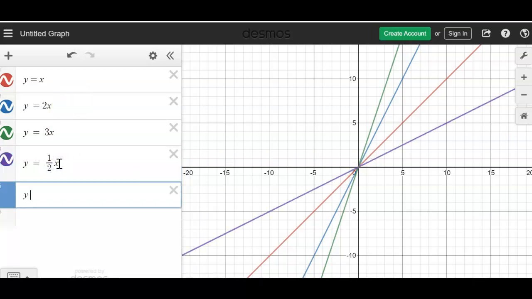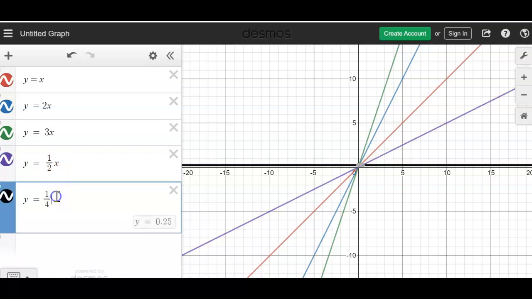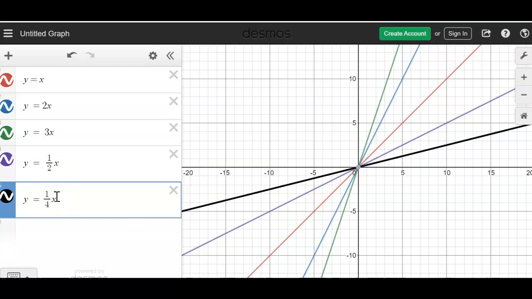And if they don't have a concept of fractions, sometimes this part gets a little bit confusing for them, or a 1/4. So then we talk about how the m value of our slope-intercept form is our slope, and that's what's changing.